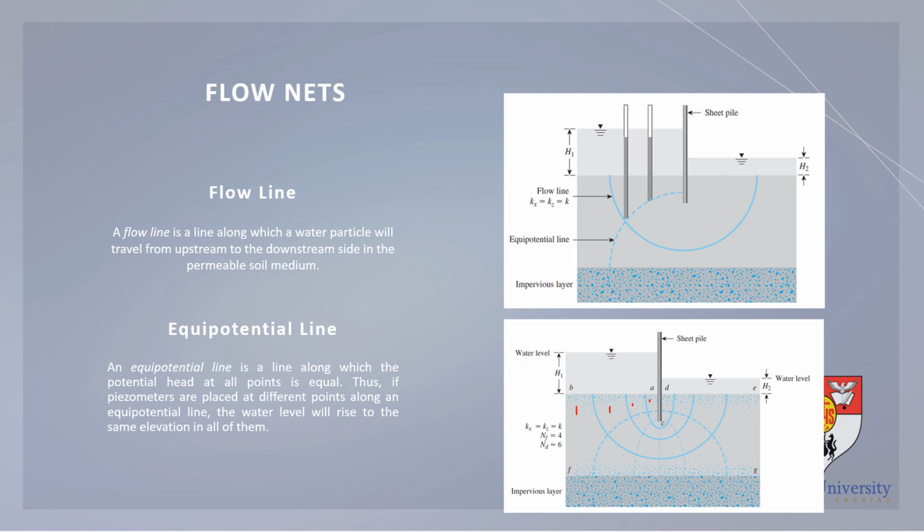So for this one, we are going to count, no, we have 1 square. You can choose which flow line you are going to refer to.